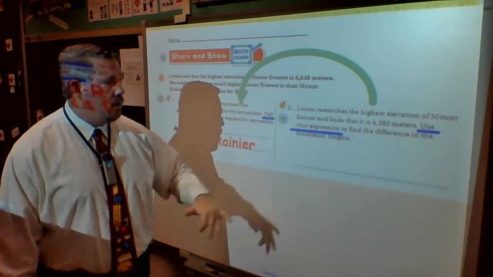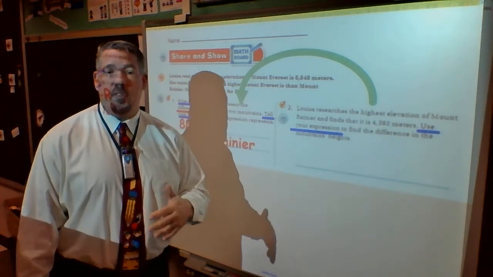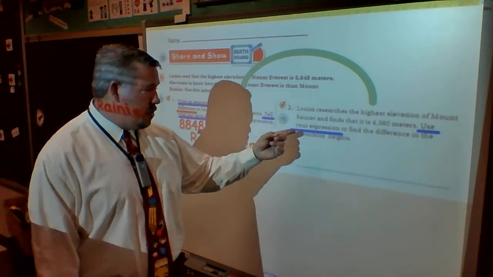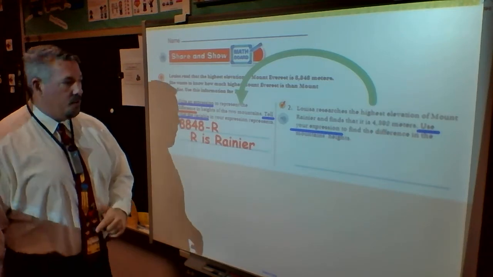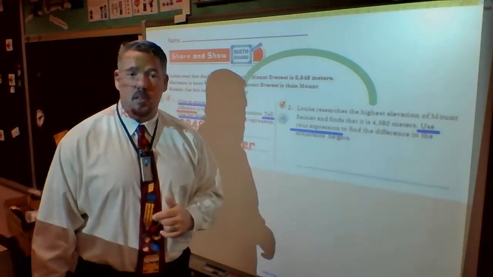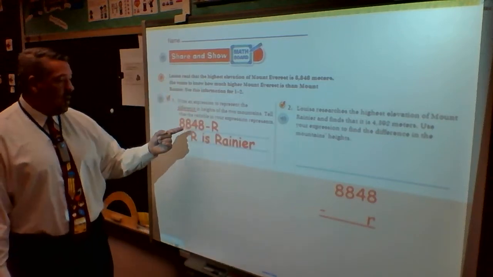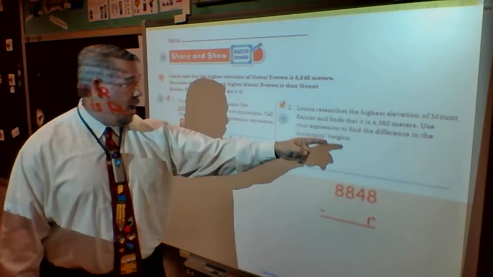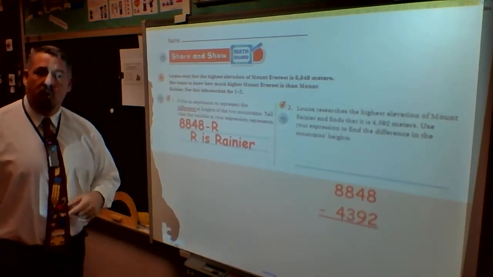So Louisa reaches the highest elevation of Mount Rainier and finds that it is 4,392 meters. Use your expression, this one over here, to find the difference in the mountains' heights. So I'm going to take my 8,848 and subtract Mount Rainier's. And that R is now found here in that information as 4,392.